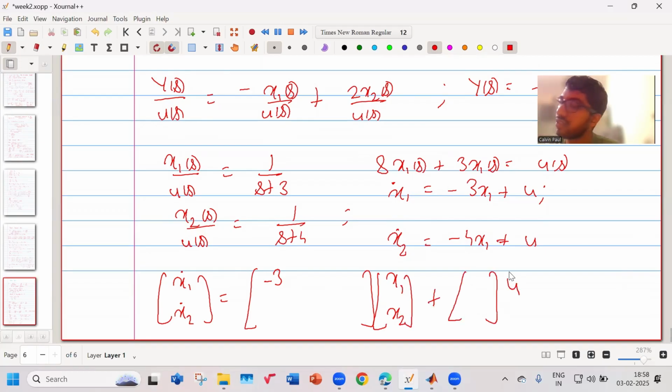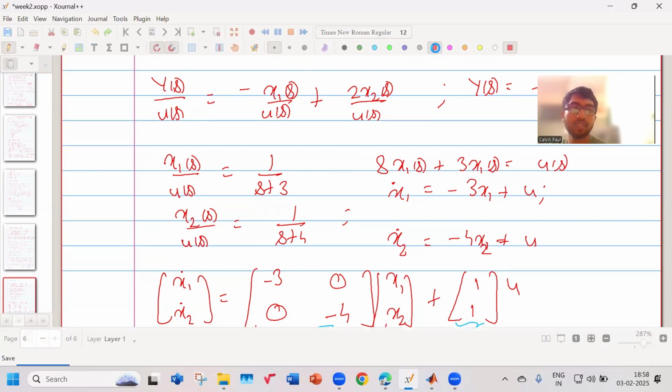So x1 dot is minus 3x1 plus 0 into x2 plus 1 into u, and x2 dot is actually 0 minus 4x2 plus 1 into u. So this is our A matrix and this is our B matrix. Now we have gotten our A and B, right?